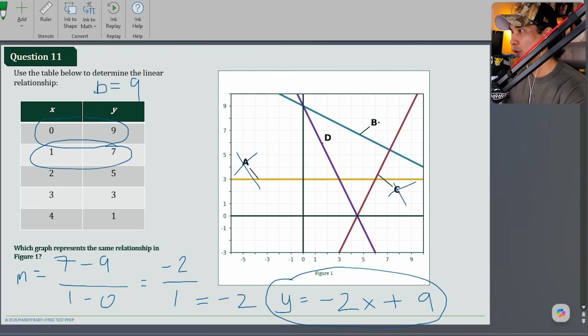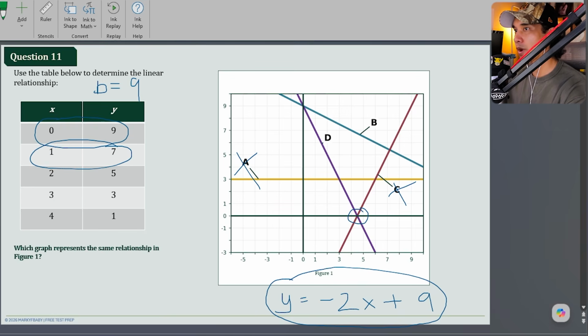Now, the best way to 100% confirm this is to find where this line crosses the x-axis. And do you remember how to do that? Because we've done that before. The way to do that is to set y to 0. So 0 is equal to negative 2x plus 9, minus 9 on both sides. Then we're left with negative 9 equals negative 2x.